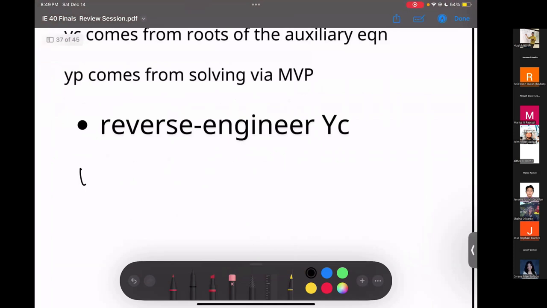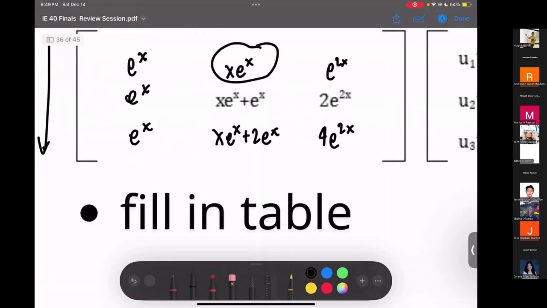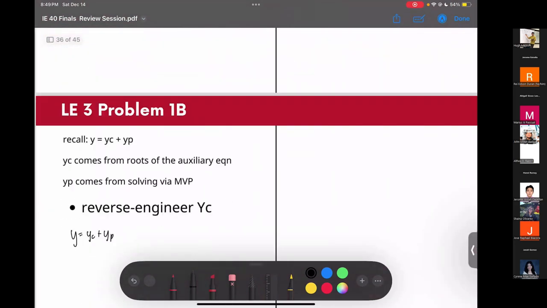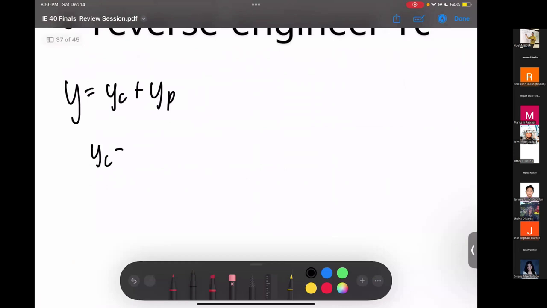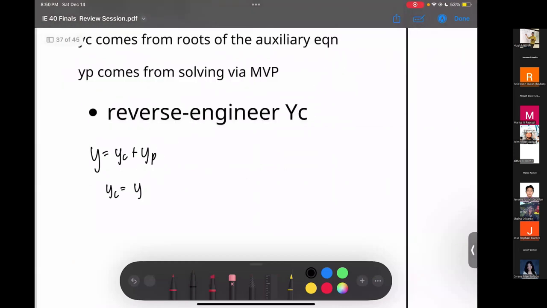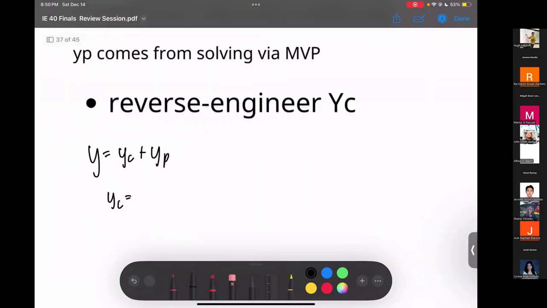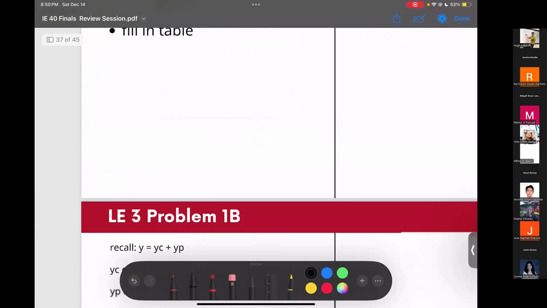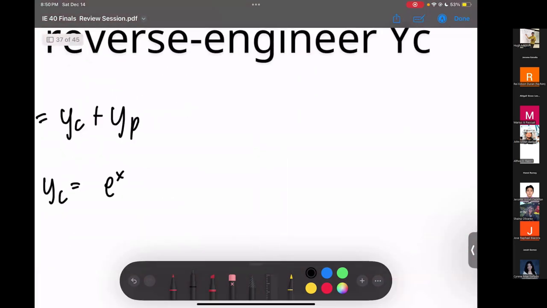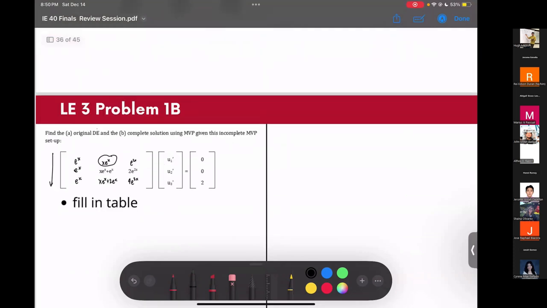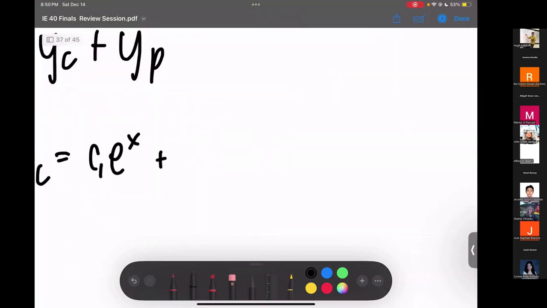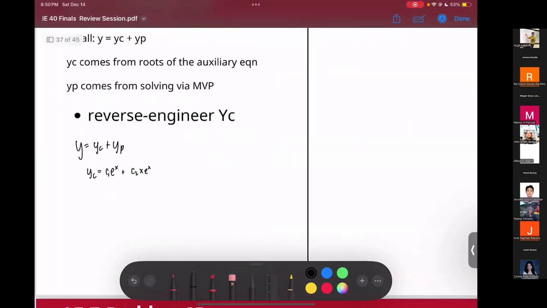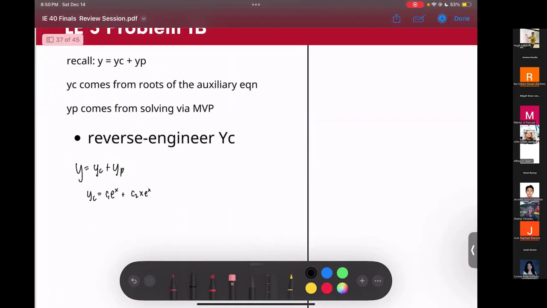Because the full solution is y equals yc plus yp. We figured out that for us to have e to the x, yc must have been e to the x plus c1 e to the x, and then c2 x e to the x, and then c3 e to the 2x.